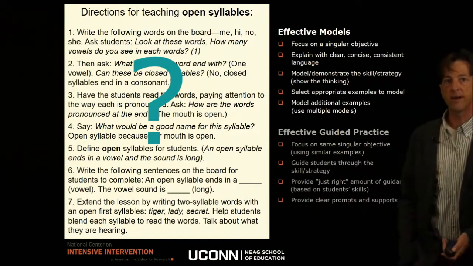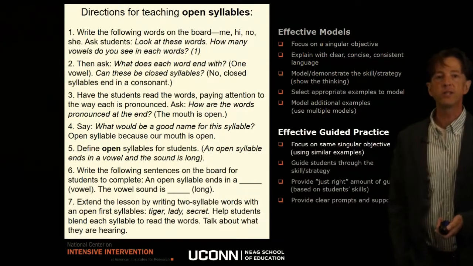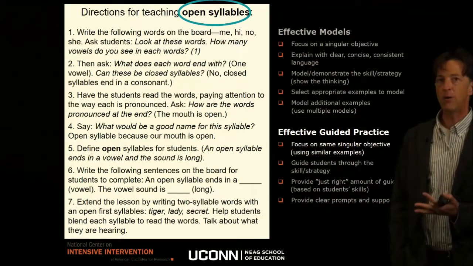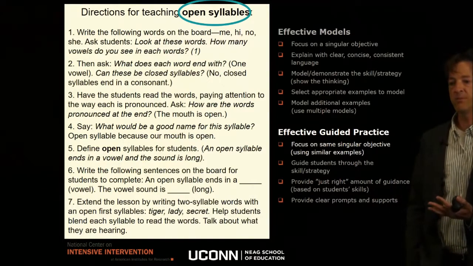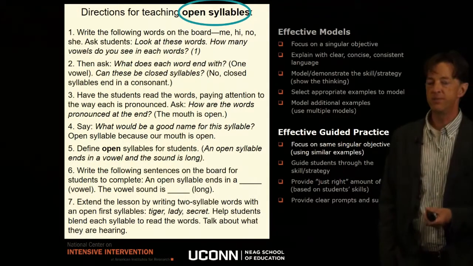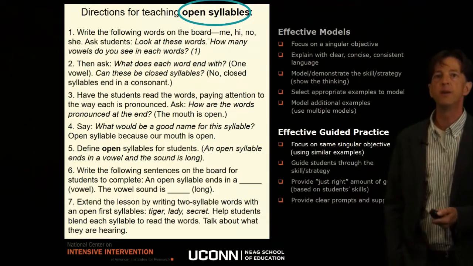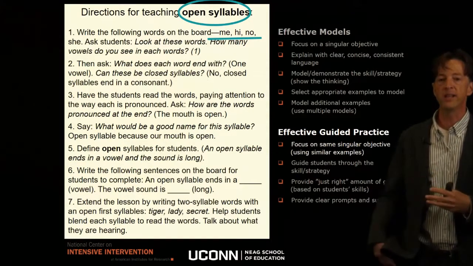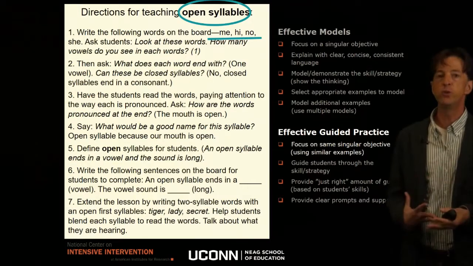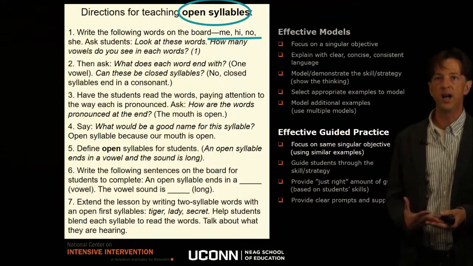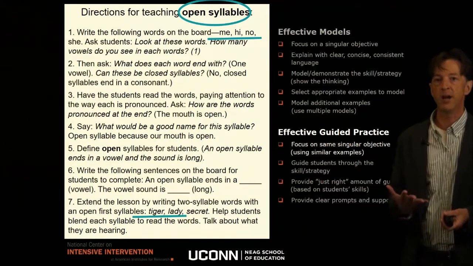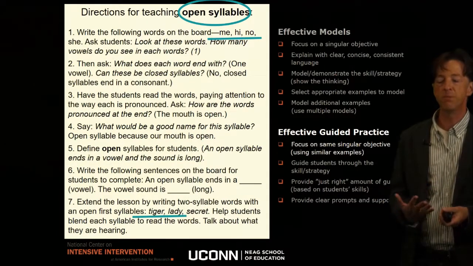All right, so let's talk about guided practice. Focus on the same singular objective using similar examples. Again, it's all about open syllables, but for a clear objective, and for modeling and practice, we need to be a little more specific. Even though there isn't modeling, the examples used in the beginning of the lesson, me, hi, no, and she, are very different than the examples down below that the students are supposed to be practicing.